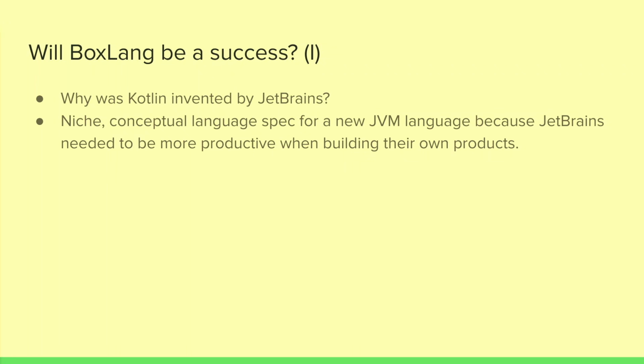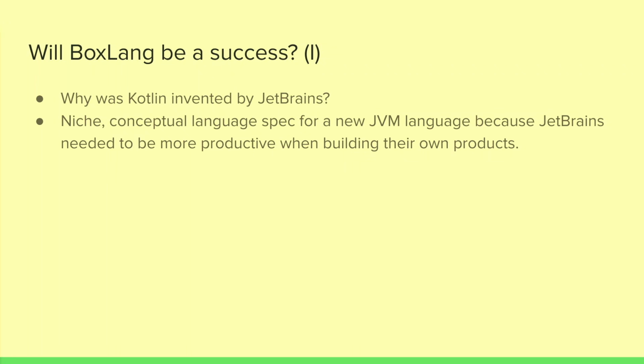And these IDEs were written in Java back in the day. They realized Java was not a productive language for them because they had to write so much boilerplate code to build their own products. They wanted to use something else. So back in the late 2000s and early 2010s, they looked into other languages, for example Scala, and found they didn't like anything, and nothing really fit the requirements that they had.